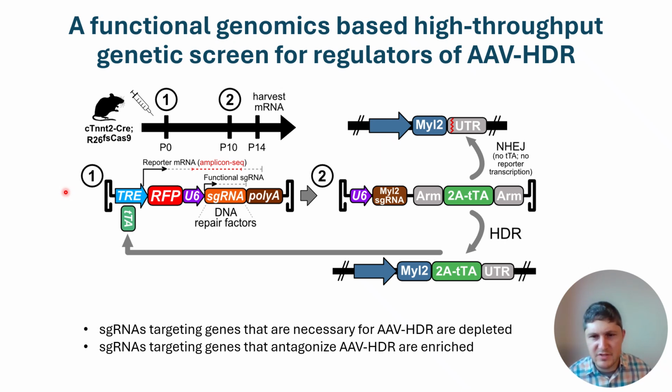And then we can very easily measure the frequency of each guide RNA within the pool of reporter gene transcripts by amplicon sequencing. So the whole idea here is that guide RNAs targeting genes that are necessary for HDR will be depleted within this pool of reporter gene transcripts. And then guide RNAs targeting genes that antagonize HDR, mutation of those genes will actually result in higher rates of HDR. So those guide RNAs will be enriched in the pool.